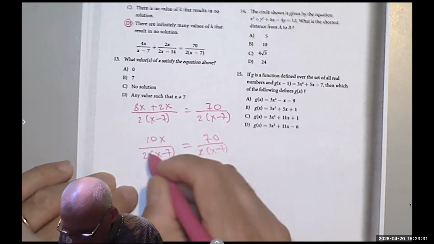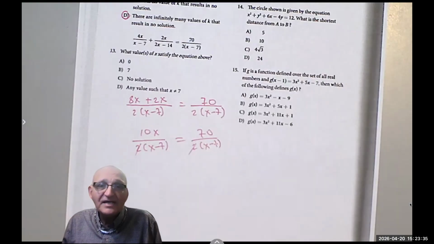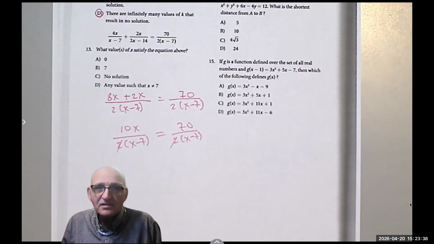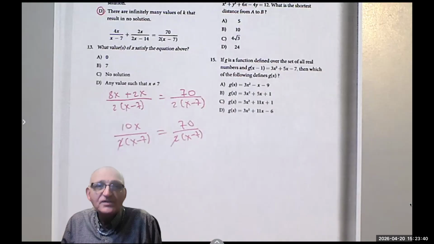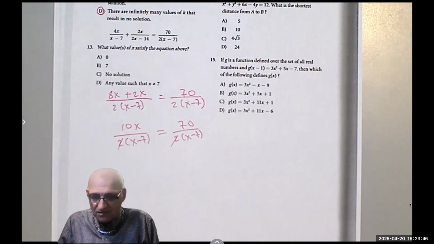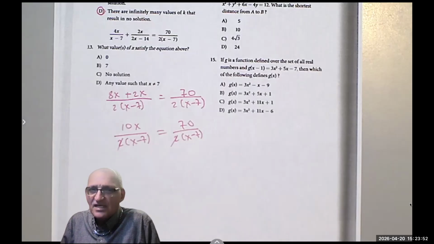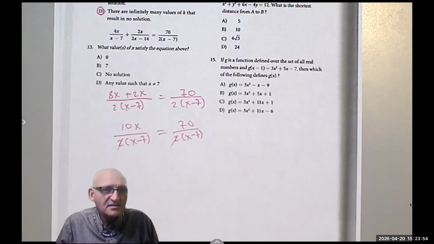Of course, you can simplify the 2's, and people would divide the top by 10 and say x equals 7 and pick B. They put that as if they are tricking you. That's a trick, okay? The answer is not 7. Why isn't it 7? Look at the denominator. If you say x equals 7, what do you get?